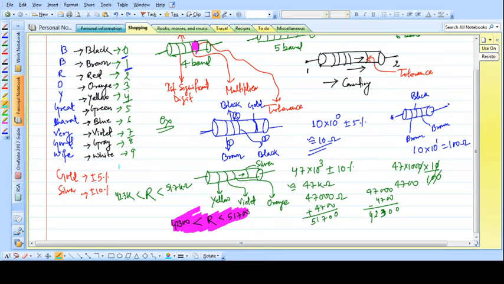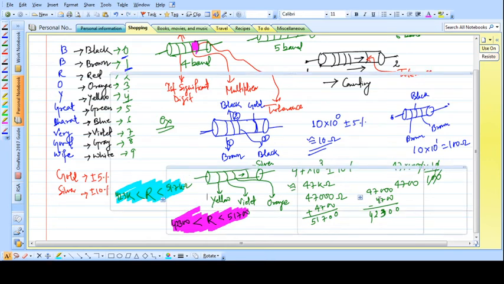Is it clear? Very simple concept: if tolerance is there, the value is not fixed at 47k, it may vary between 42.3 and 51.7k. So this is all about the simple concept of how to identify the tolerance value.